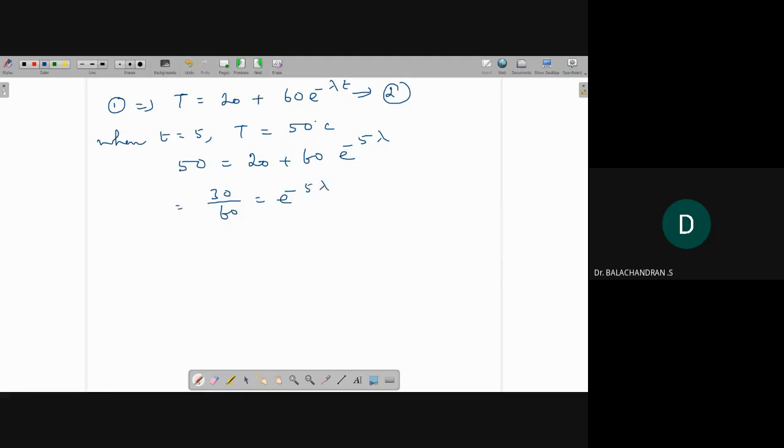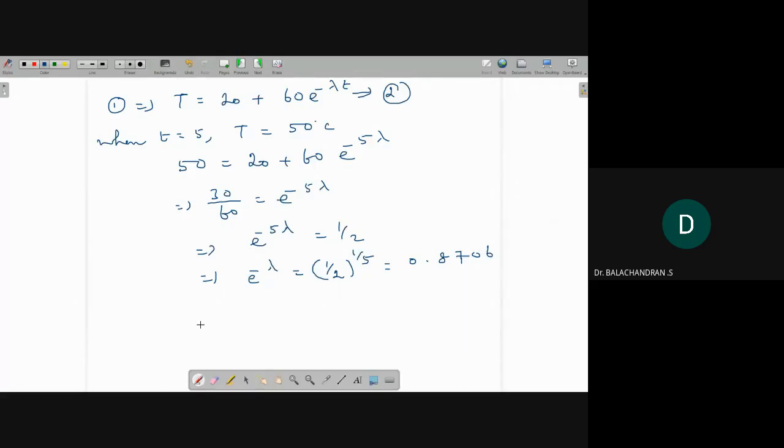So this implies e^(−5λ) = 1/2, so e^(−λ) = (1/2)^(1/5). Using a calculator, please check it, I have 0.8706. If there is any change, please inform me.